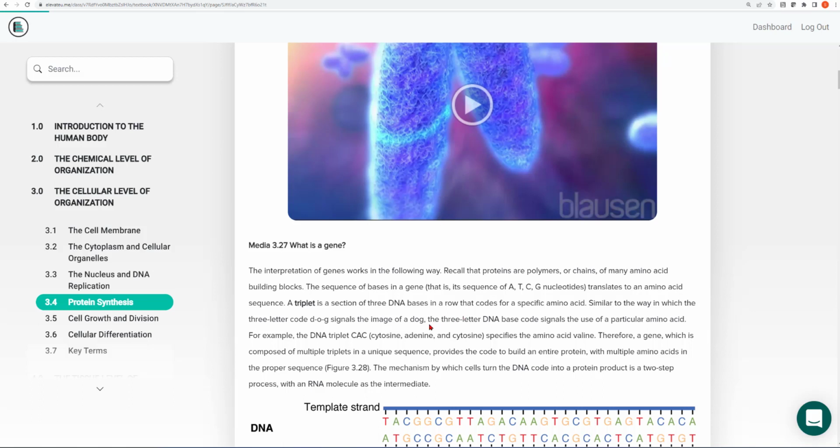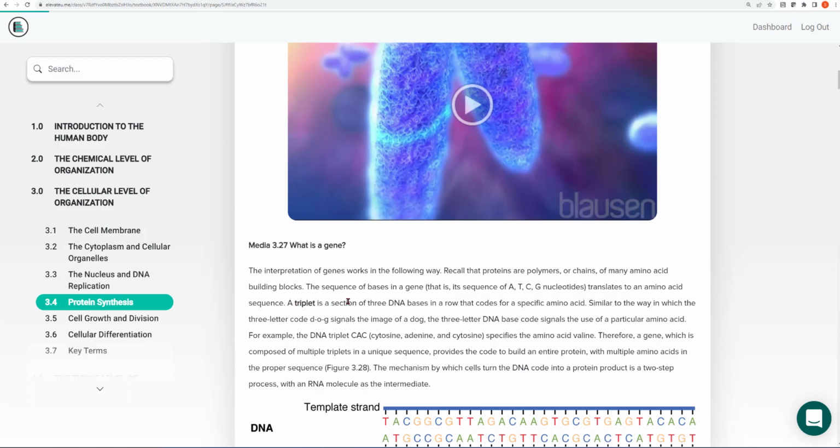Now again, we're not going to go into the deep dive of this, but we need to understand that the information on the chromosome, in the DNA, in the gene, is set up in a sequence or in groups of 3 bases. We call this the triplet.